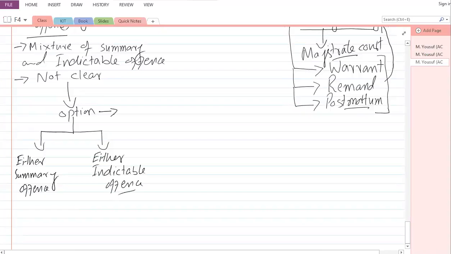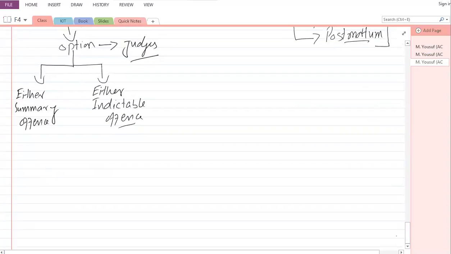Judges can exercise their option. They can treat them either as a summary offence or as an indictable offence. So if they treat this offence as a summary offence, its trial will begin in magistrate court.